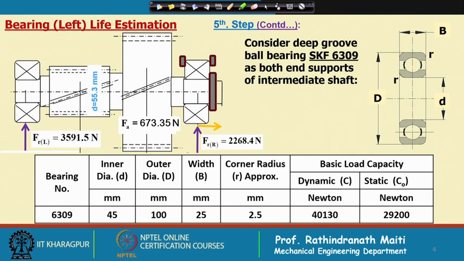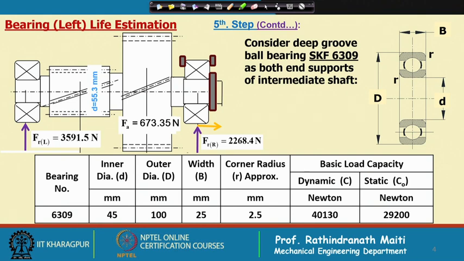We should keep in mind, by no means the radial load should be more than 29,200 Newton. It should be reasonably less than that. And from the dynamic load, we will calculate what might be the life.